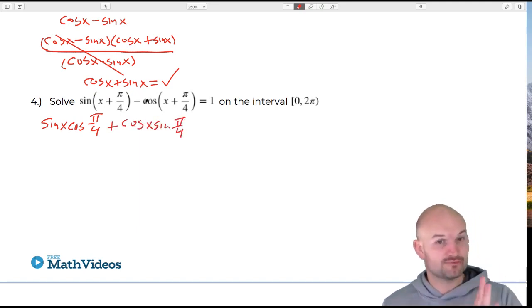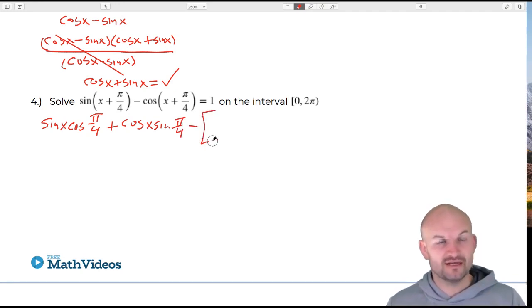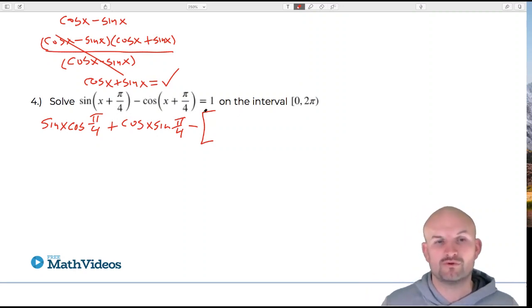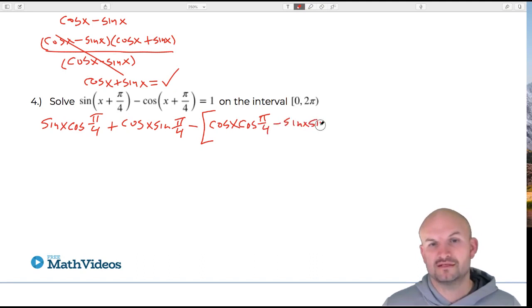Now, let's be careful when subtracting. We're going to want to use parentheses here because we're not just subtracting the cosine of x plus 4, that's going to break up into an expression, so we have to make sure we subtract both of those quantities. Now I'm going to use the sum of two angles for cosine, which is cosine of x times cosine of pi over 4 minus sine of x times sine of pi over 4.